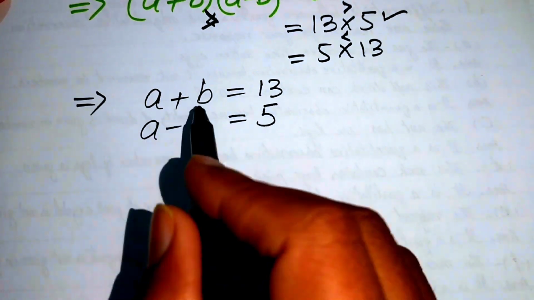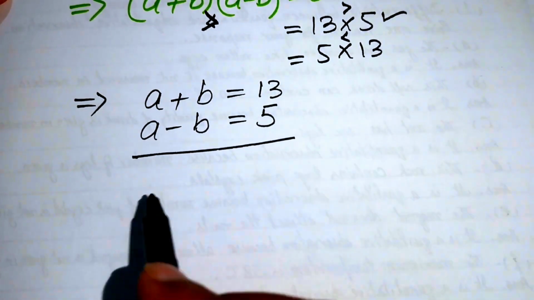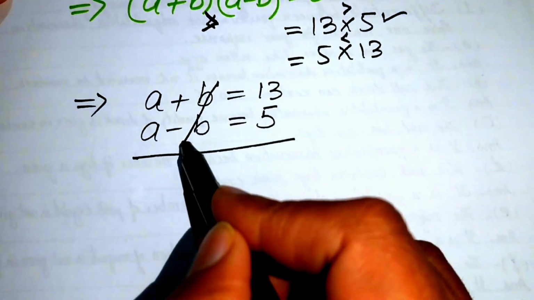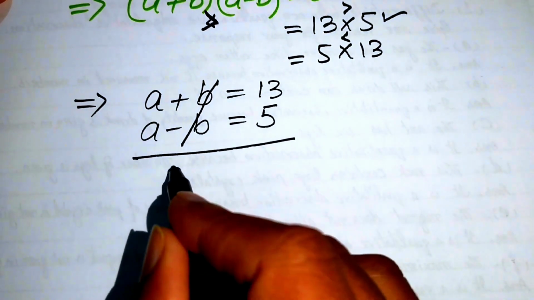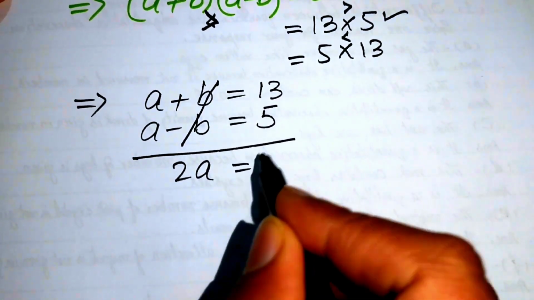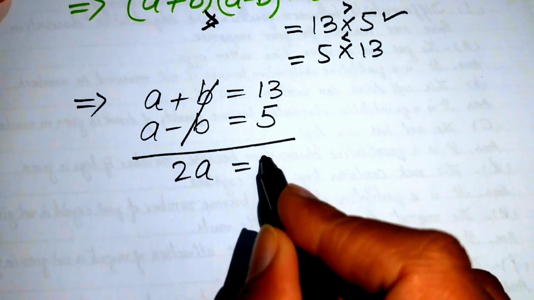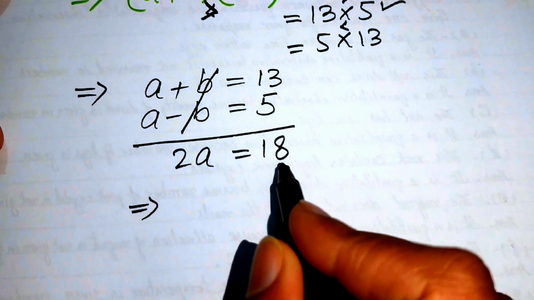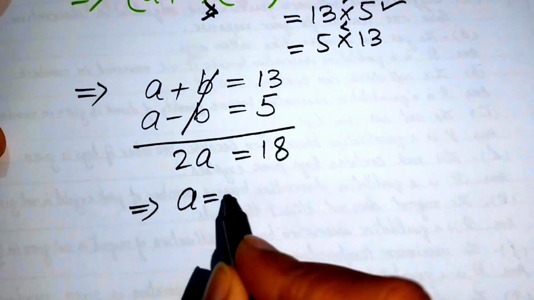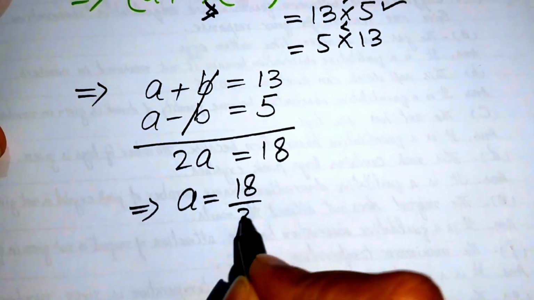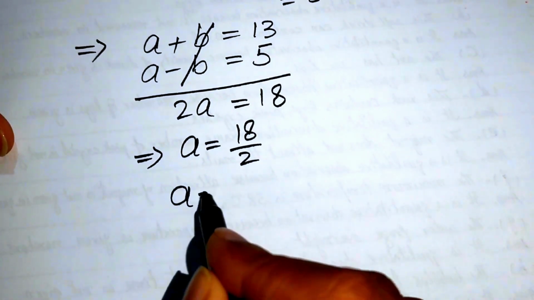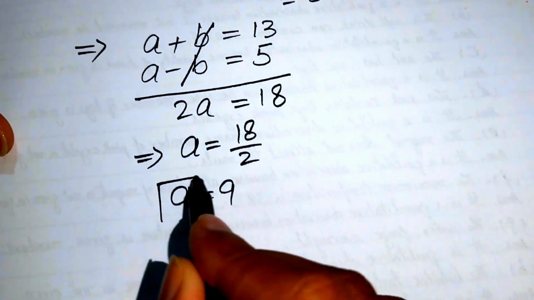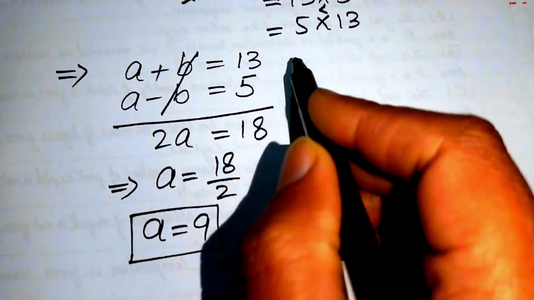When you add these two equations, the positive and negative b terms are gone, and you get 2 times a equals 13 plus 5, which is 18, so a equals 18 over 2, and 18 over 2 equals 9. So this is the value of a.